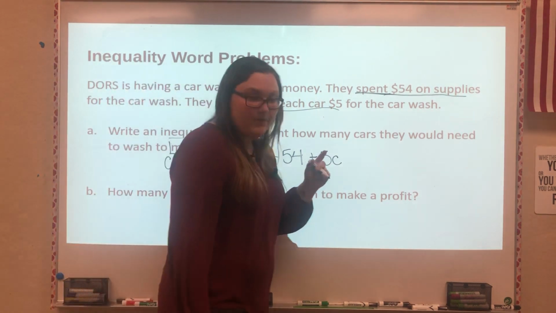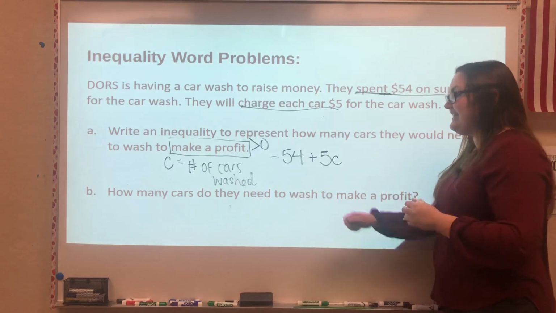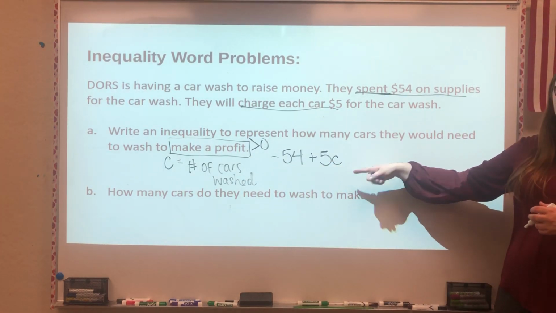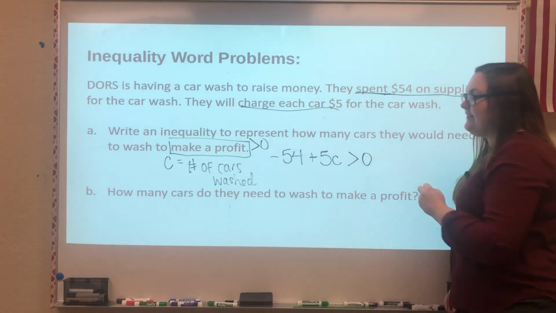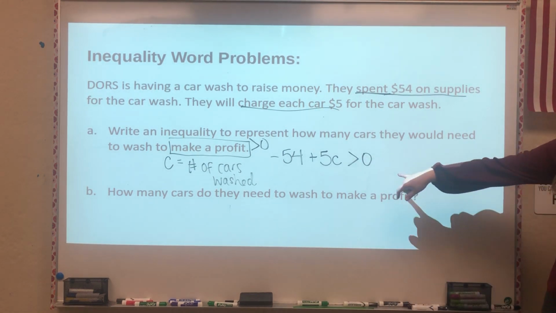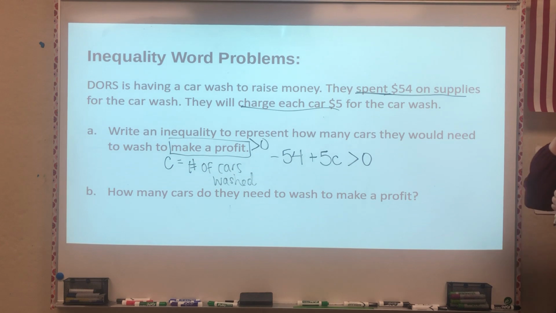So here in my inequality, I could finish it up by saying this is the money they have from the car wash. We want the money they have to be greater than $0. Now this is one option for your inequality.